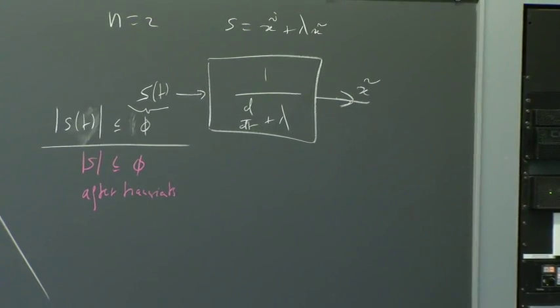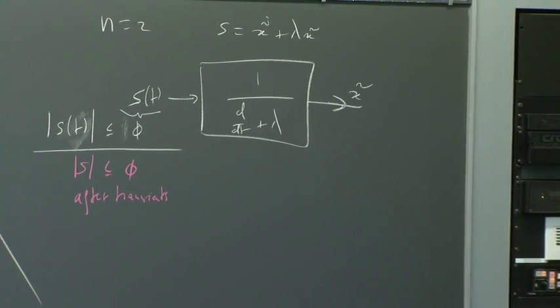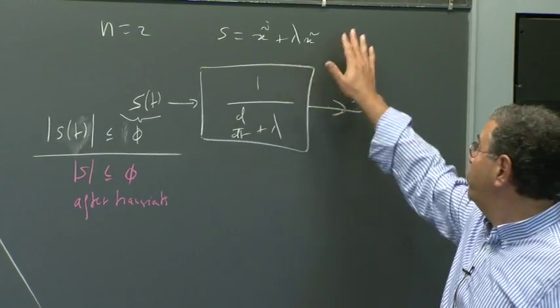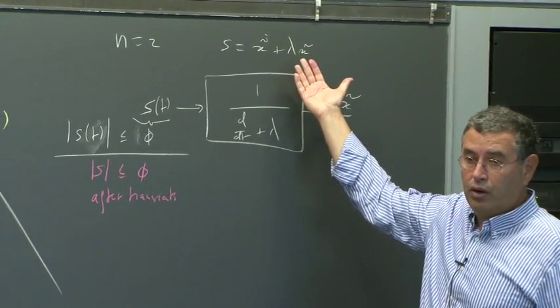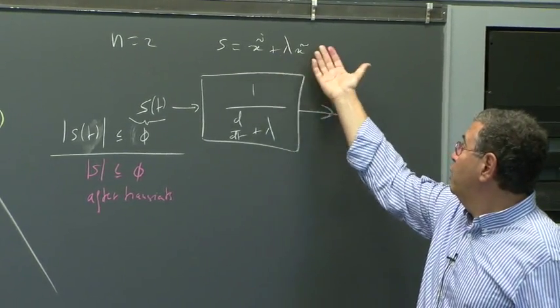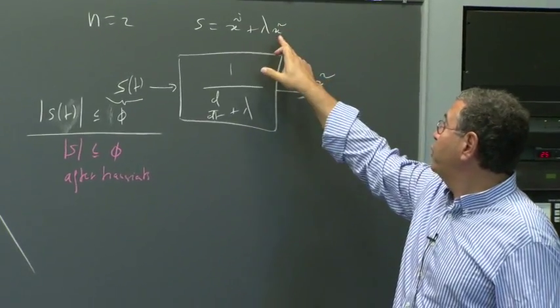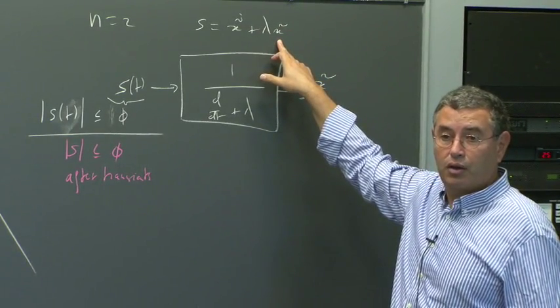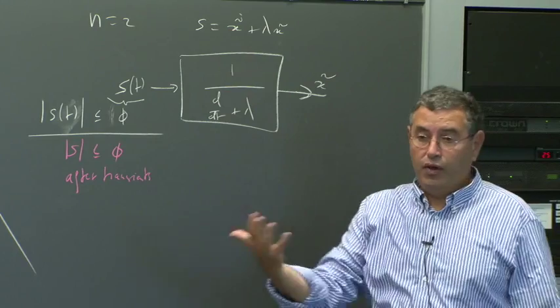So if you look at this system, this is always true as the definition of S. We know that its response is the effect of initial condition in X, and then the effect of S.